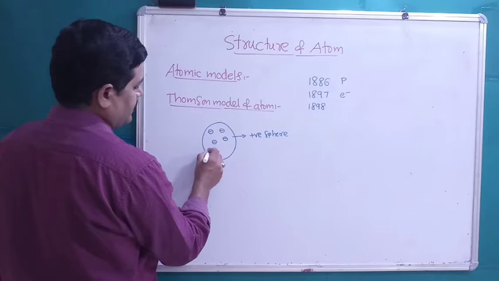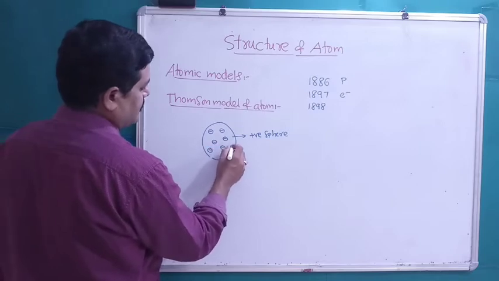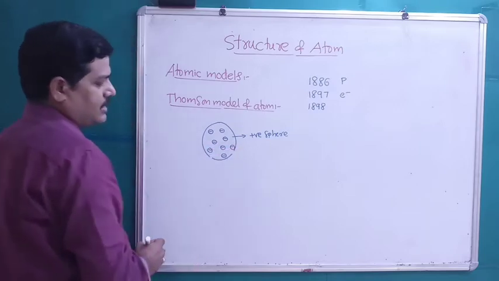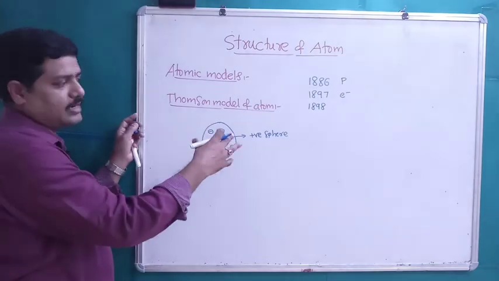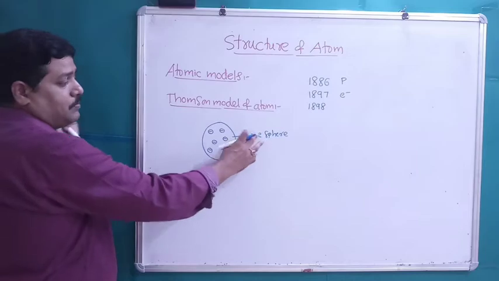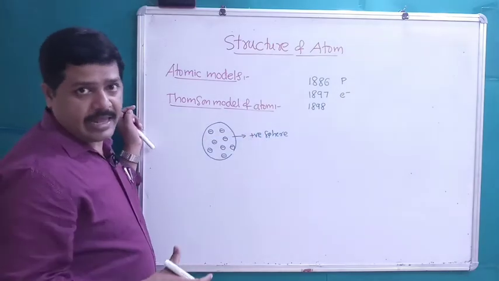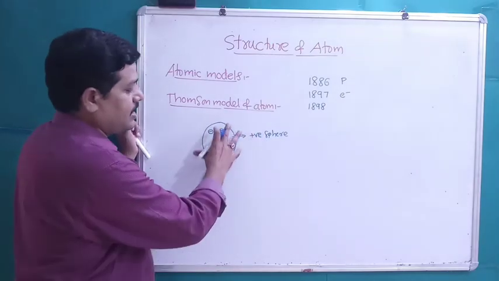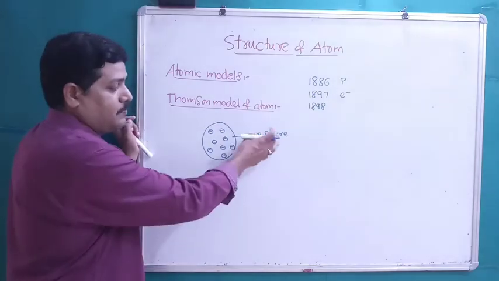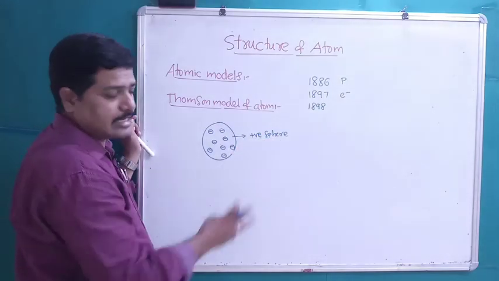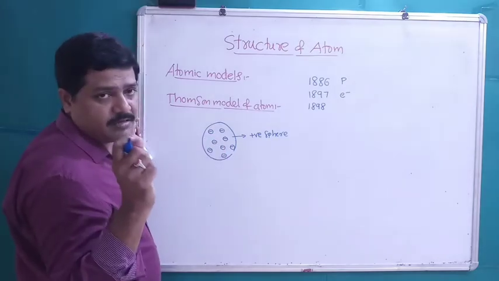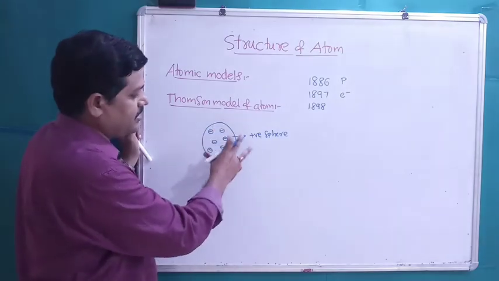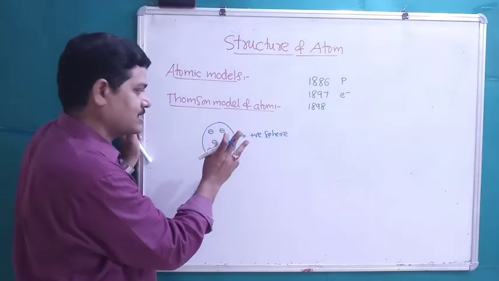Thomson considered the atom as spherical in shape, which has a positive charge. Like in a watermelon, the red fibrous mass is like the positive charge, that is protons, and electrons are like the seeds in the watermelon, uniformly distributed throughout the mass.